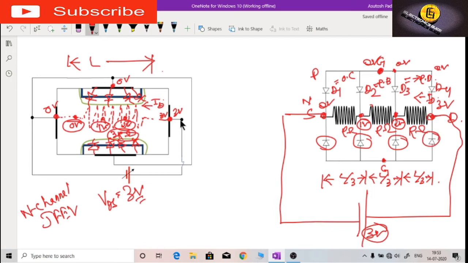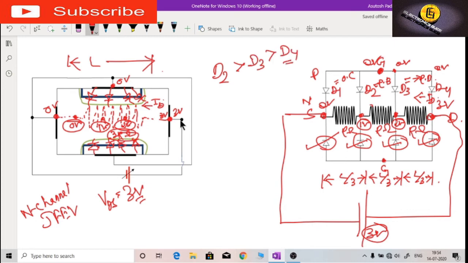The same thing happens for all the 4 diodes connected below. That means this one is open circuited, and the others are reverse biased. D2, D3, D4 are all reverse biased, but the reverse voltage of D2 is lower than D3, which is lower than D4. D4 has the maximum reverse bias voltage.